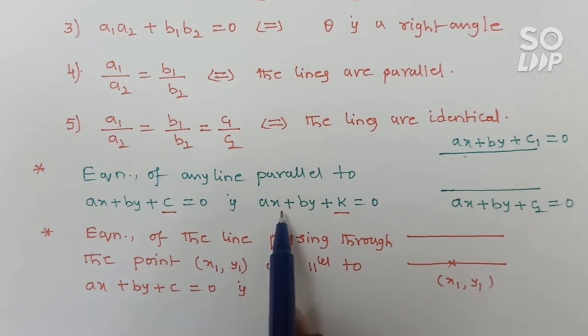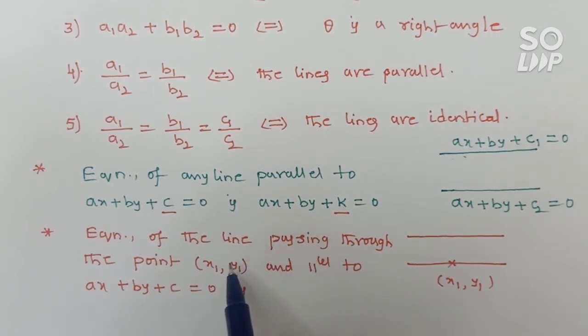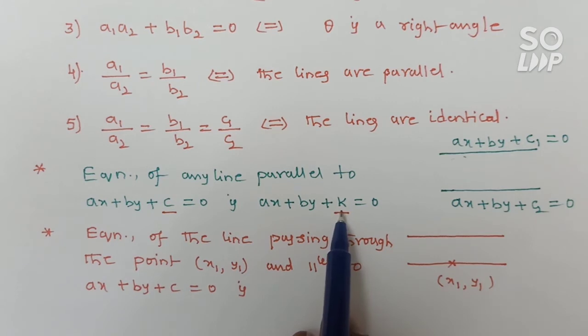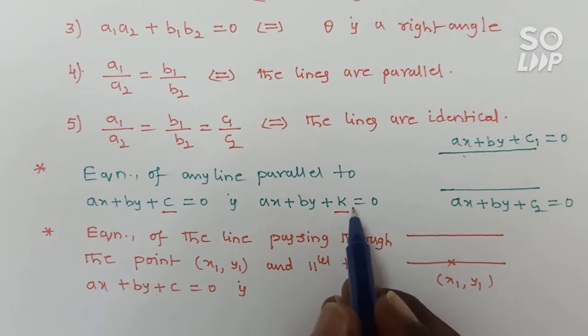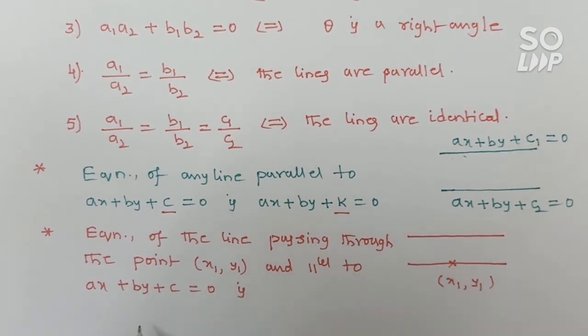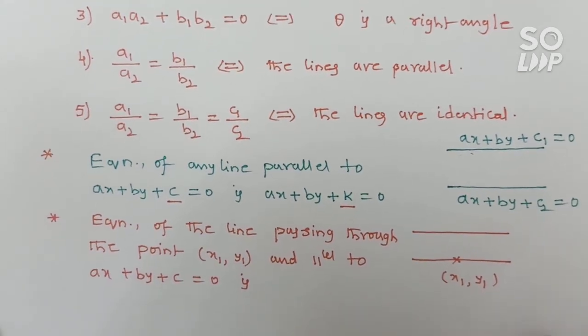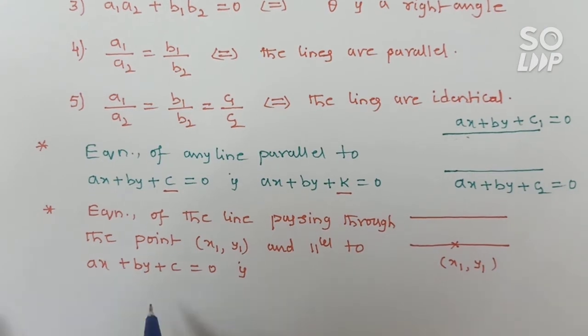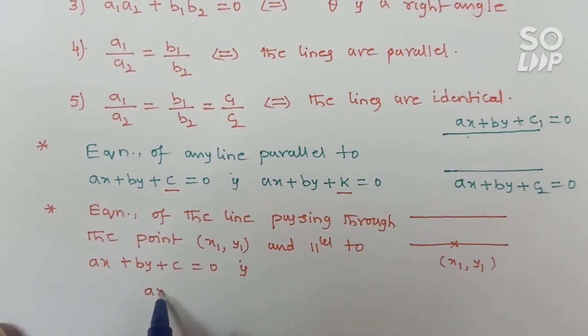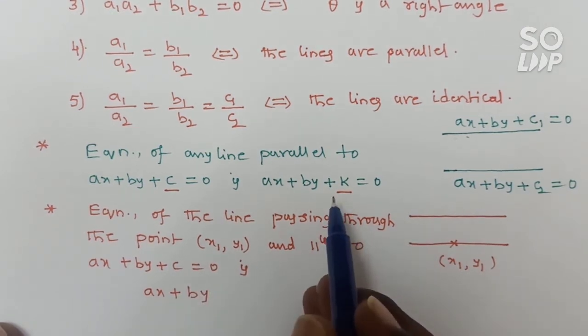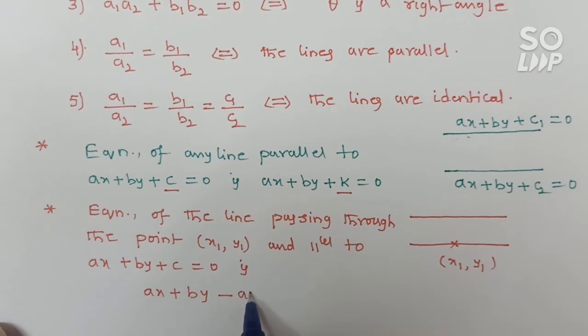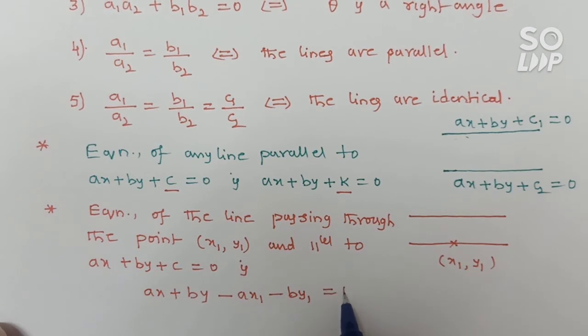Now since it passes through this point, it must satisfy this equation. That means if you write x is equal to x1, y is equal to y1, you will get the k value as minus a x1 minus b y1. By substituting that k value in the parallel equation, you get a into x plus b into y minus a into x1 minus b into y1 is equal to 0.